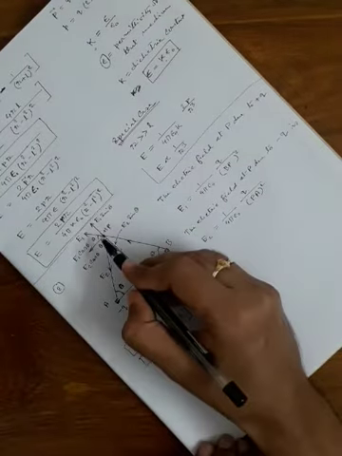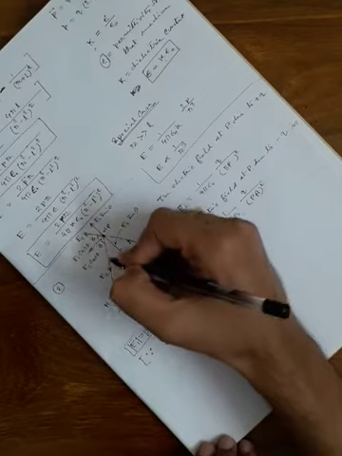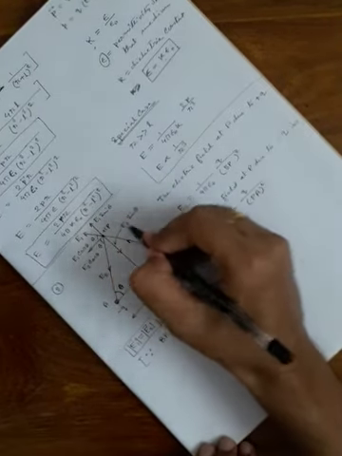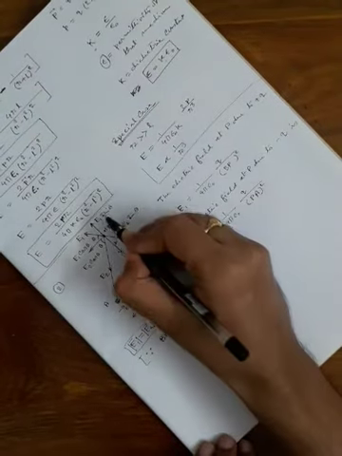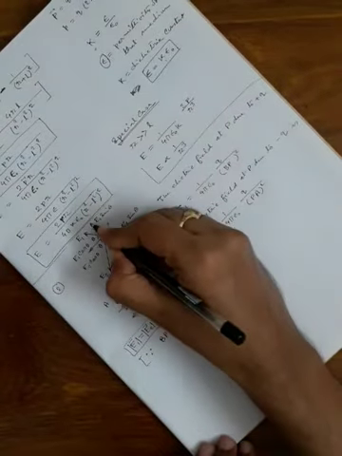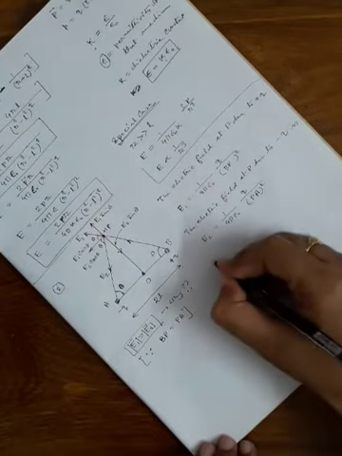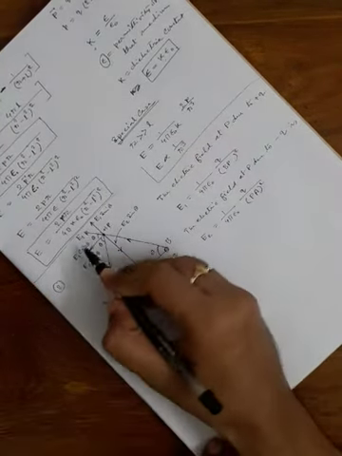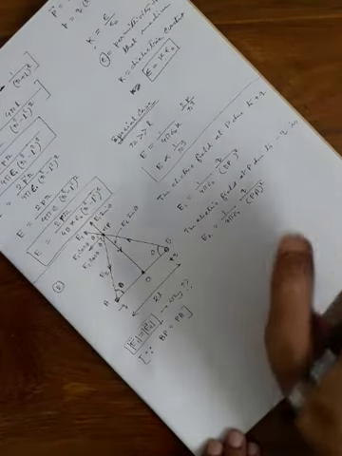Now you can see here that as E1 and E2 are both equal, then E1 sin theta and E2 sin theta will also be equal, but their directions are opposite to each other. So E1 sin theta will cancel out E2 sin theta. Therefore only the components E1 cos theta and E2 cos theta will survive.